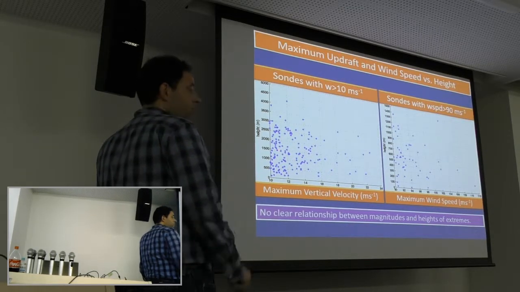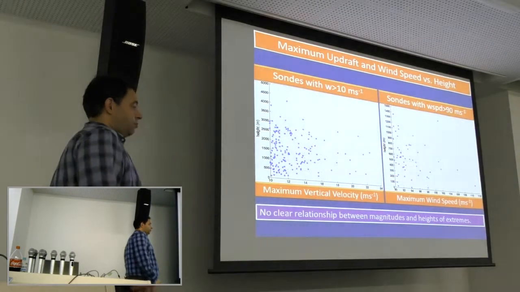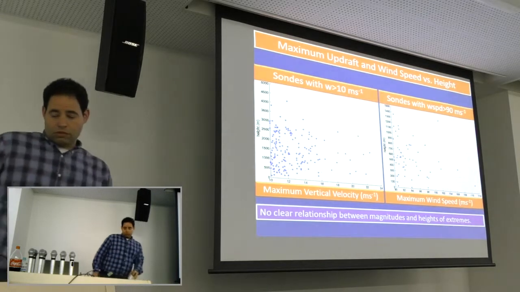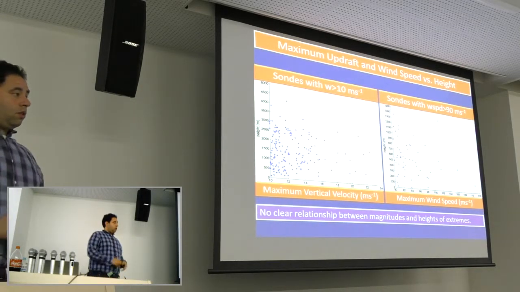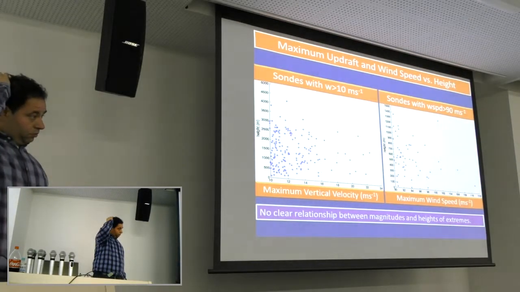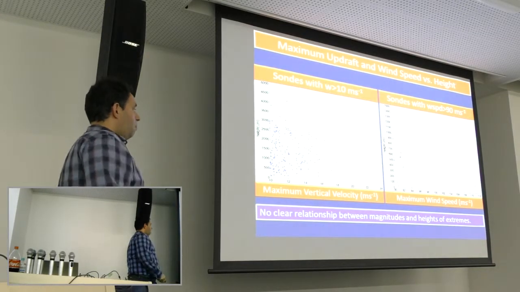I'm just wondering where the radial location of the maximum vertical velocity and maximum wind speed appear. Is it in the inflow boundary layer, or just at the edge, or the interface of the boundary layer?